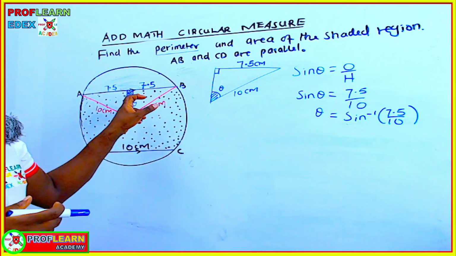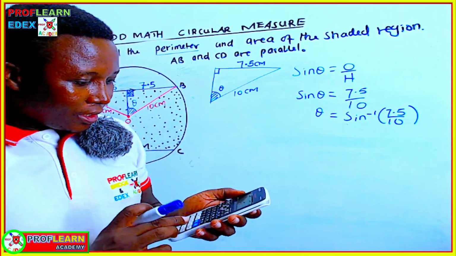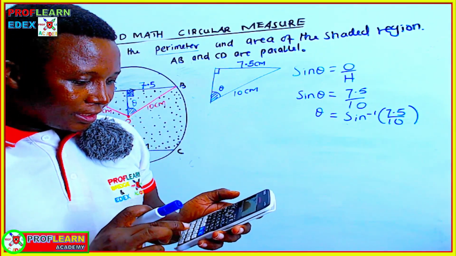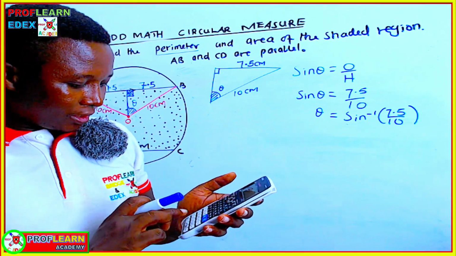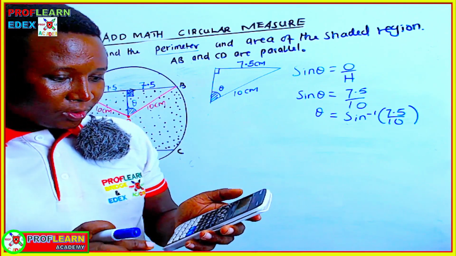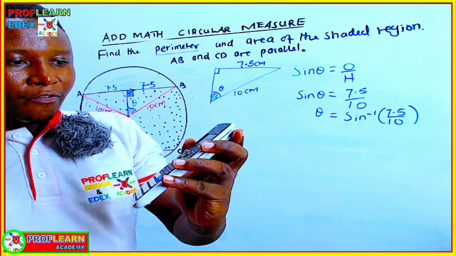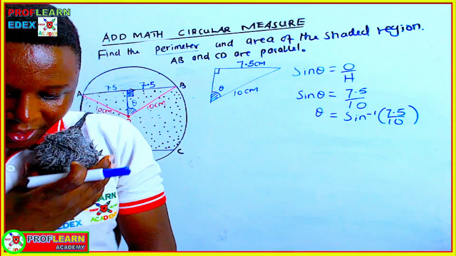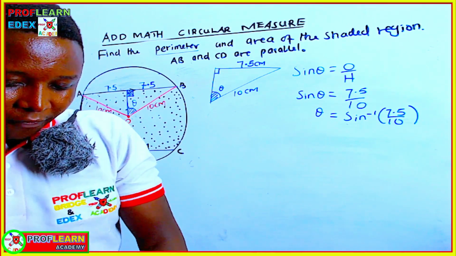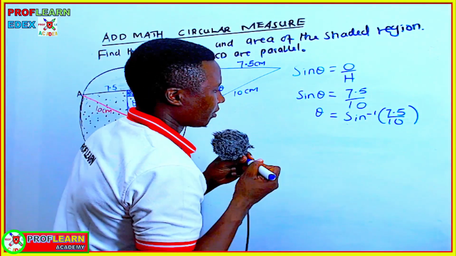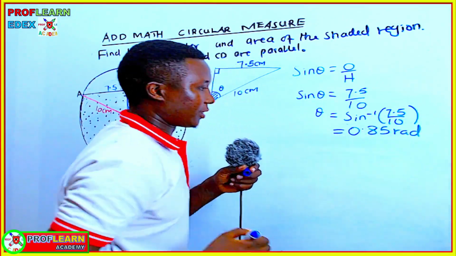I'm going to work out this angle in radians. So this is going to be sine inverse of 7.5 over 10. If I work this out, I'm getting my angle in radians to be 0.848. I'm going to write it correct to two significant figures, so this is 0.85 radians.